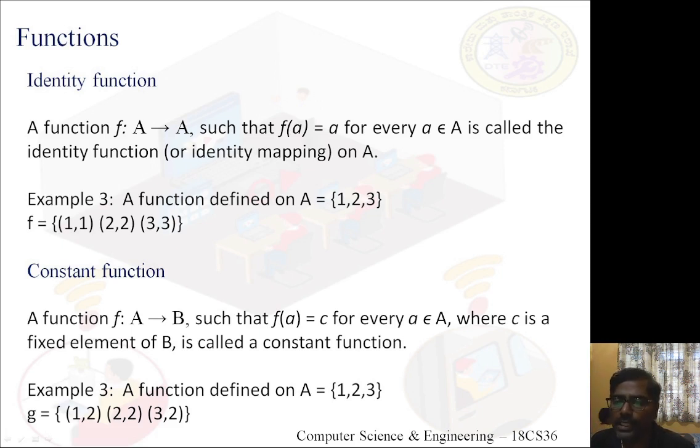Then we call such a function f from A to B a constant function. I repeat, a function f from A to B is known as a constant function if all elements of its domain A are mapped to the same element of its codomain B. Look at an example.